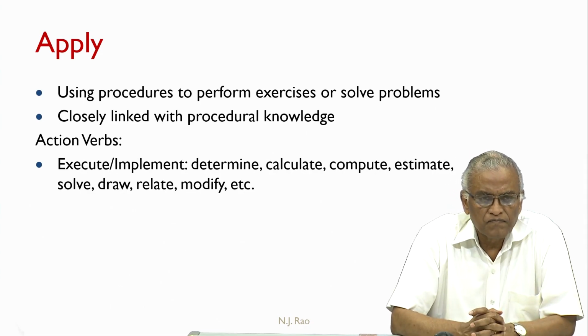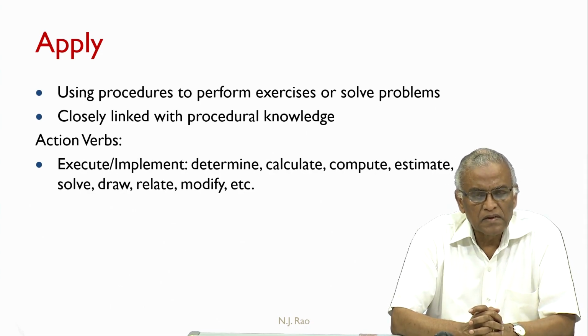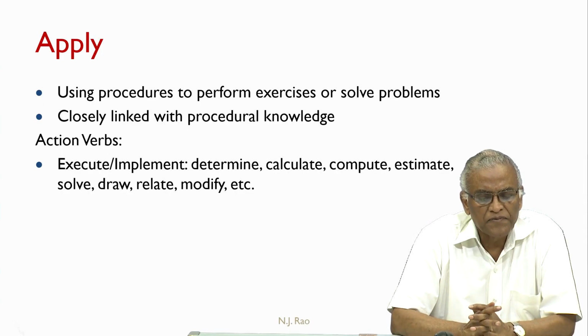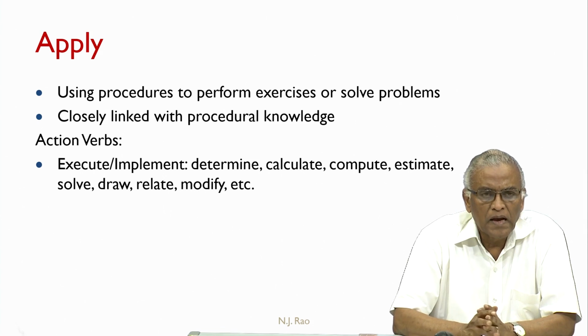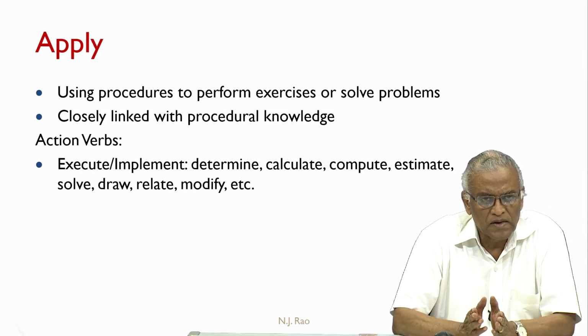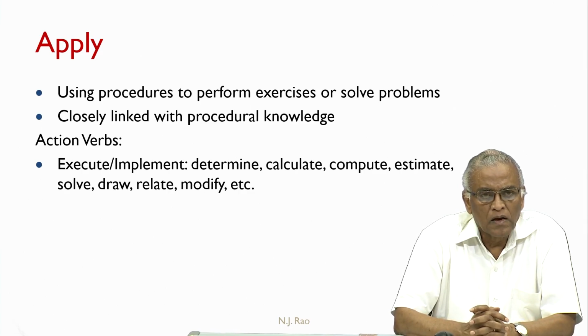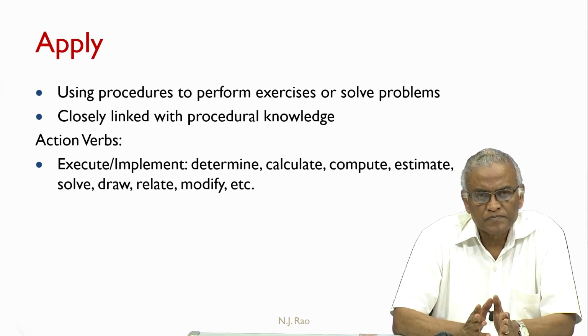Now the third cognitive level in the Anderson-Bloom taxonomy after remember and understand is apply. Apply is a very simple process to understand. We use some procedures to perform exercises or solve problems.